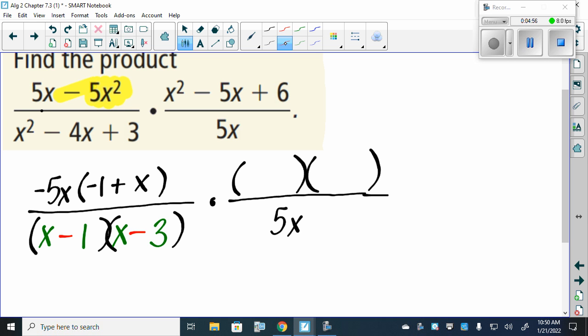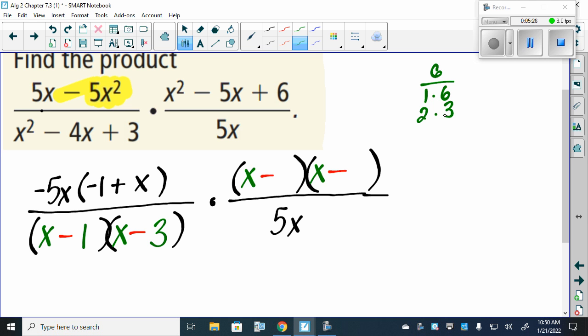Let's look at the numerator, x squared minus 5x plus 6. Since the third term is positive, the signs are the same, and they match the sign of the middle term, which is negative. So we have negative and negative. Now the factors of x squared are x and x. And the factors of 6? Well, we have 1 and 6 or 2 and 3.